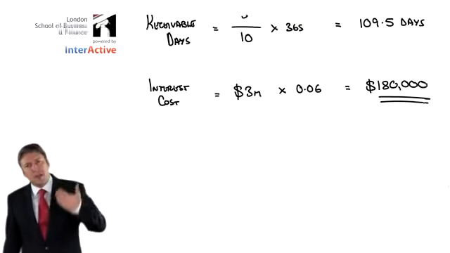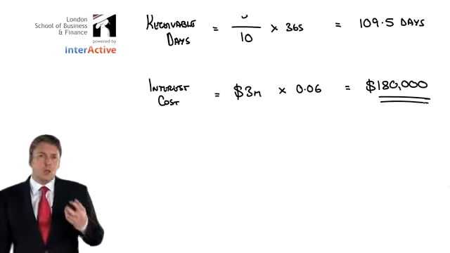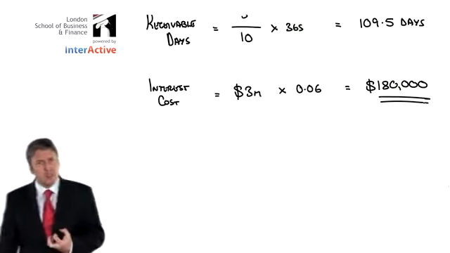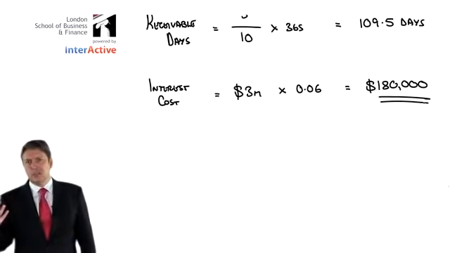So, as a result of having a receivables balance of 3 million, this is the cost, the very real cost to the business. Because every asset needs to be financed.